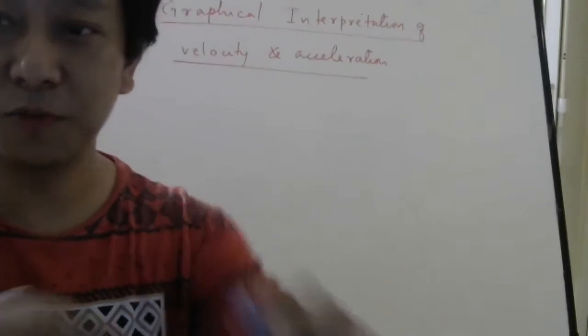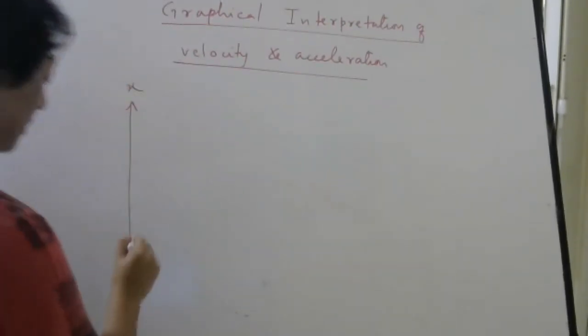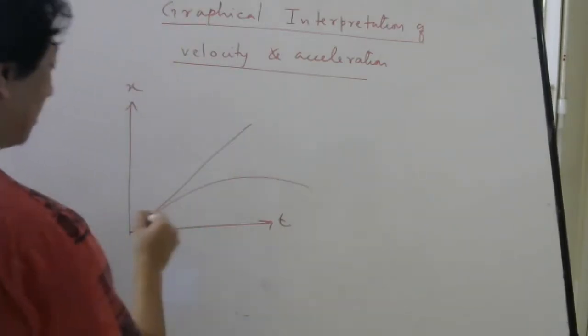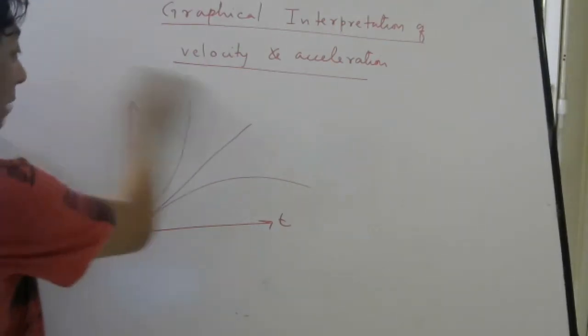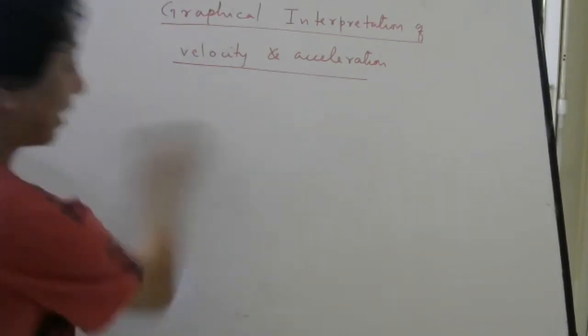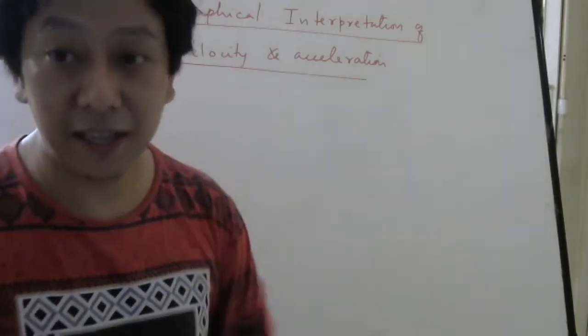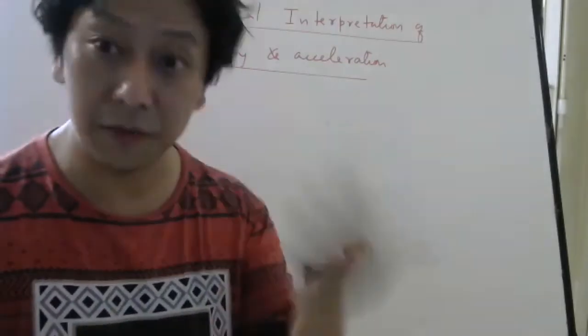A car is moving, they will give you a graph of displacement versus time. Any graph, straight line, like this, any kind of graph they can give. So that time, how to find velocity from graph, how to find acceleration from graph. That quickly I will tell you, already we have covered in differentiation.